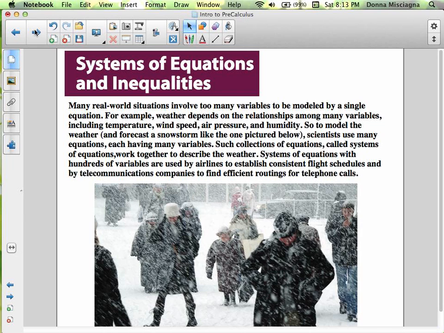Because you can't have two airplanes landing on the same runway at the same time. They use systems of equations to make that happen, right? So that the airplanes arrive at different times at different runways. We won't be working with hundreds of variables, but we might work with 3 or 4.